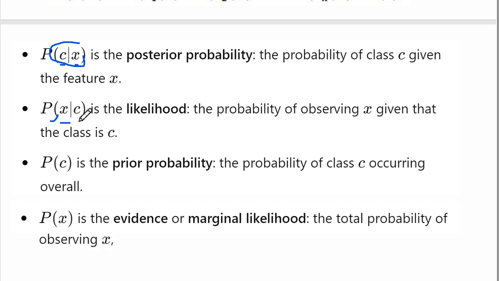Here the class may be a binary class or a multi-class label. That is P of X given C.